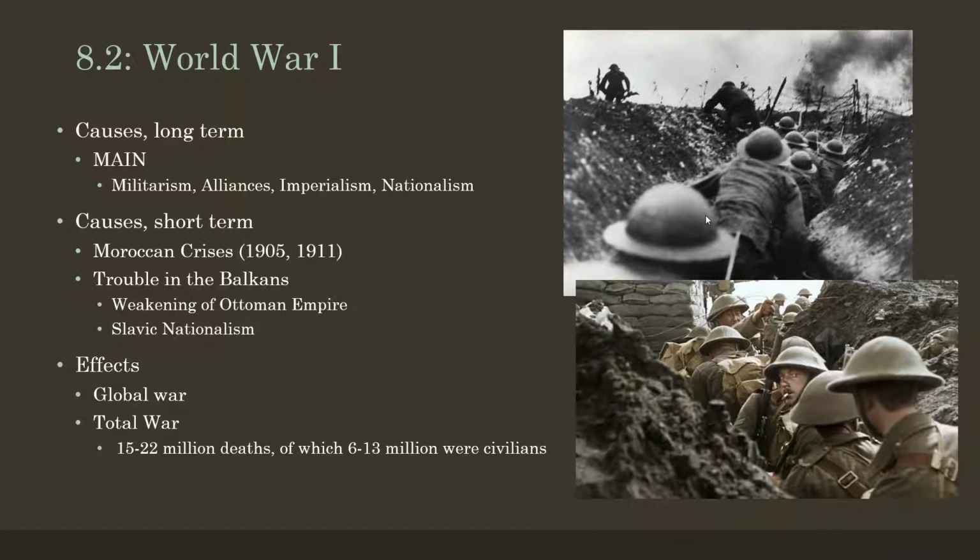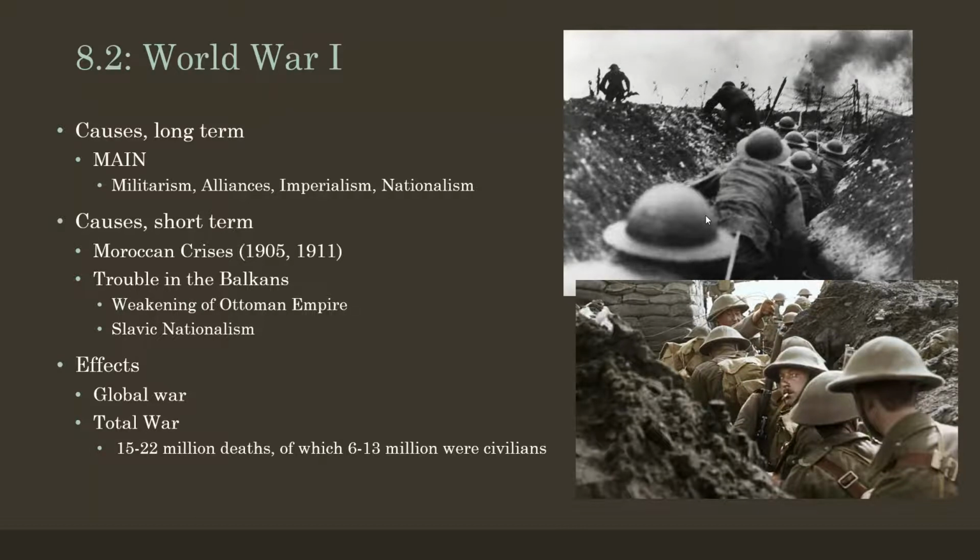You think about the Napoleonic Wars and how Napoleon swept across Europe. They paled in comparison to what we see in World War I, and that's in large part due to the technology of the war. The technology is primarily defensive, which makes the war so difficult to win. And it is also what makes the war so deadly, because the commanders on both sides of the war cannot figure out how to win the war.